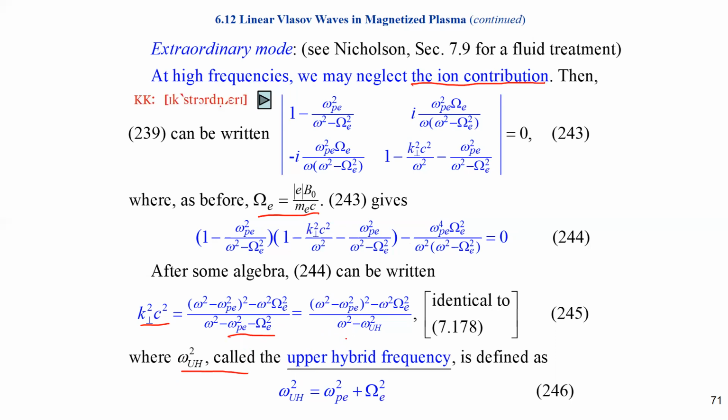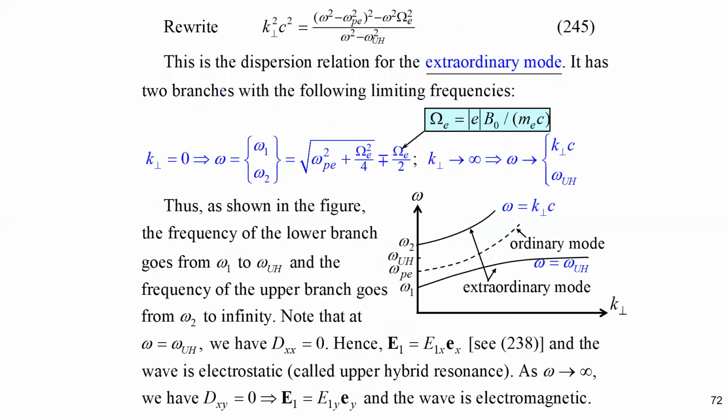So what happened? When omega is very close to the upper hybrid frequency, then the denominator will become very small and K perpendicular will become very large. Okay, look at another slide. Next slide.